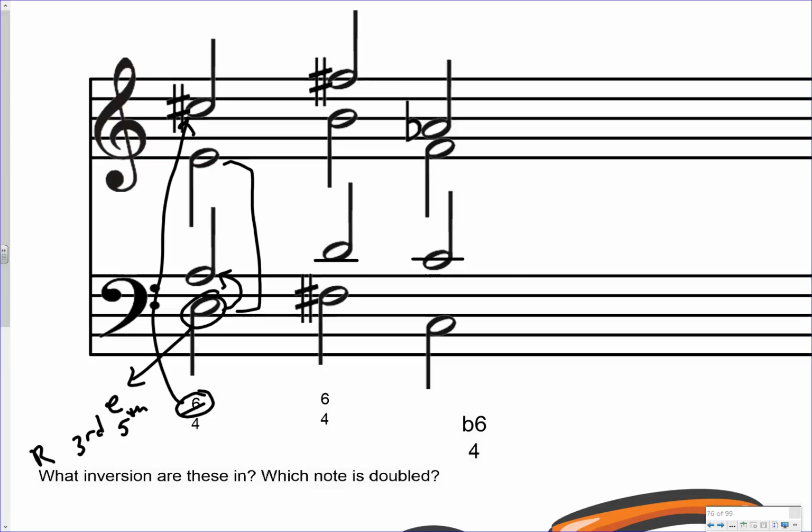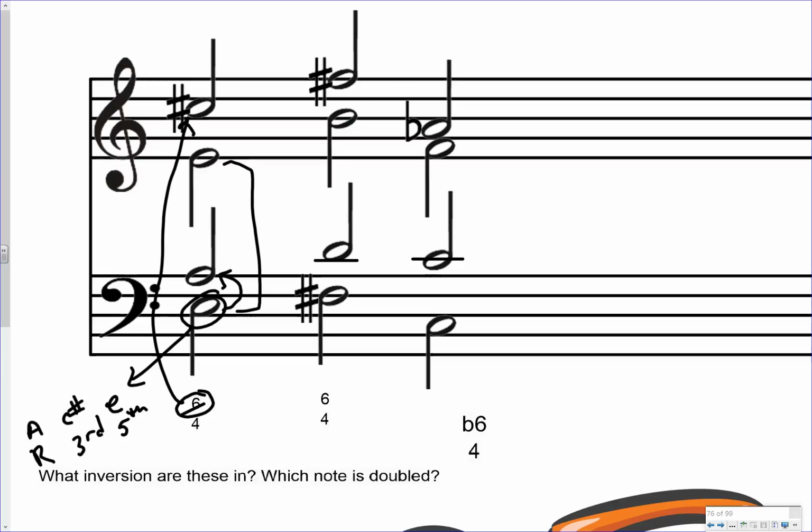So if E is the fifth, then it looks as if, according to the figured bass, our C sharp is going to be the third, and our root is going to be the A. So this happens to be an A major triad in second inversion because the fifth, or the E, of the A major triad is in the bass.